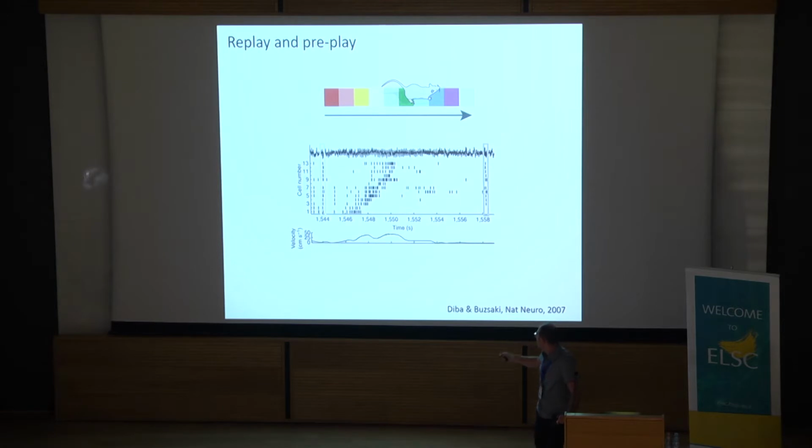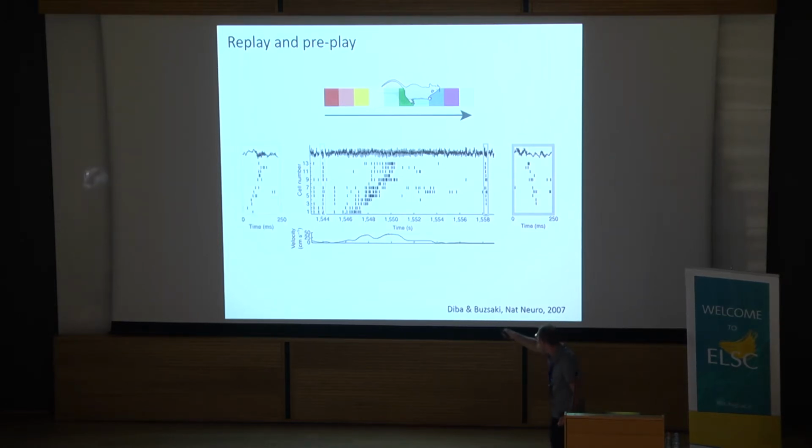But actually, we know today that it doesn't happen only during animal movements. So we have these sharp waves also when the animal is silent. So when it finished going through the track and it sits in a state of quiet wakefulness here, there are also sharp waves. And if we look at the sequences, we find that these are the same sequences. So they can be in the reverse order or in the forward order, but we have a repetition of the same type of sequences.